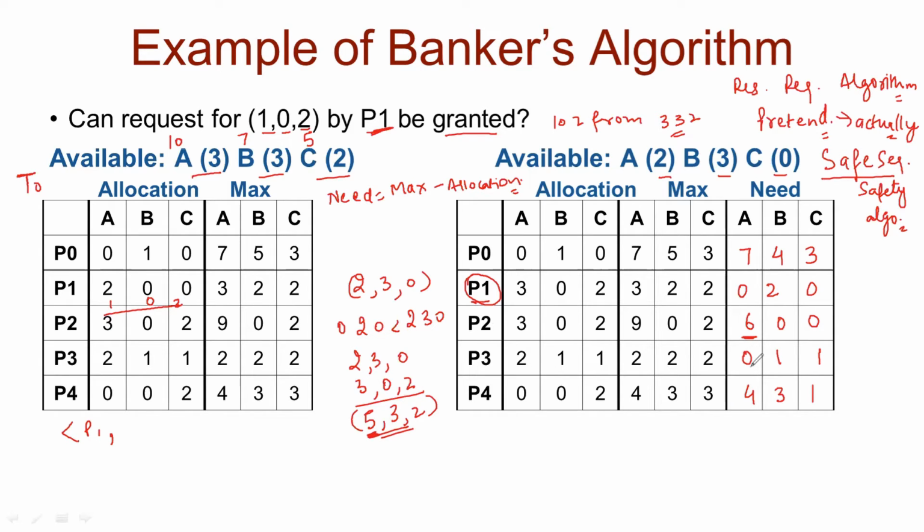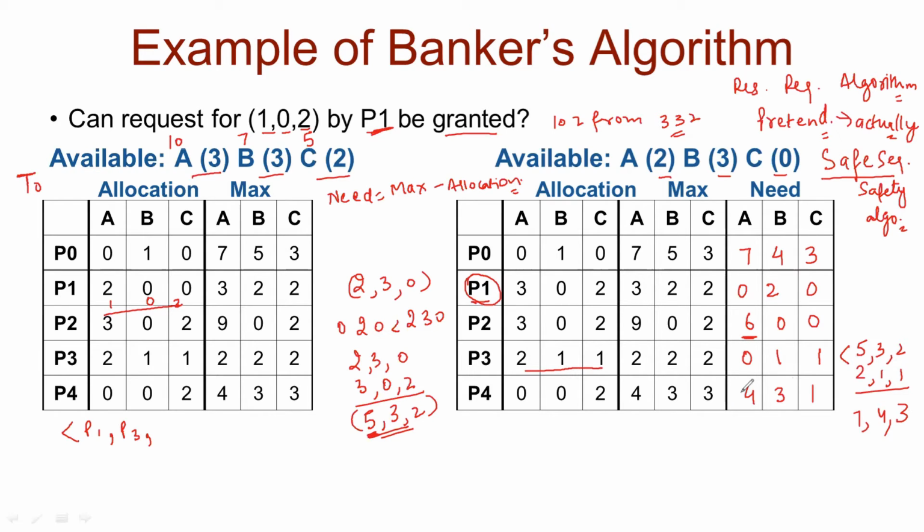Next is P3. The need of P3 is 0 for A, 1 for B and 1 for C, which is clearly less than 5, 3, 2. So we can execute P3. P3 will release all the resources allocated to it, which is 2, 1, 1. So the available becomes 7, 4, 3.